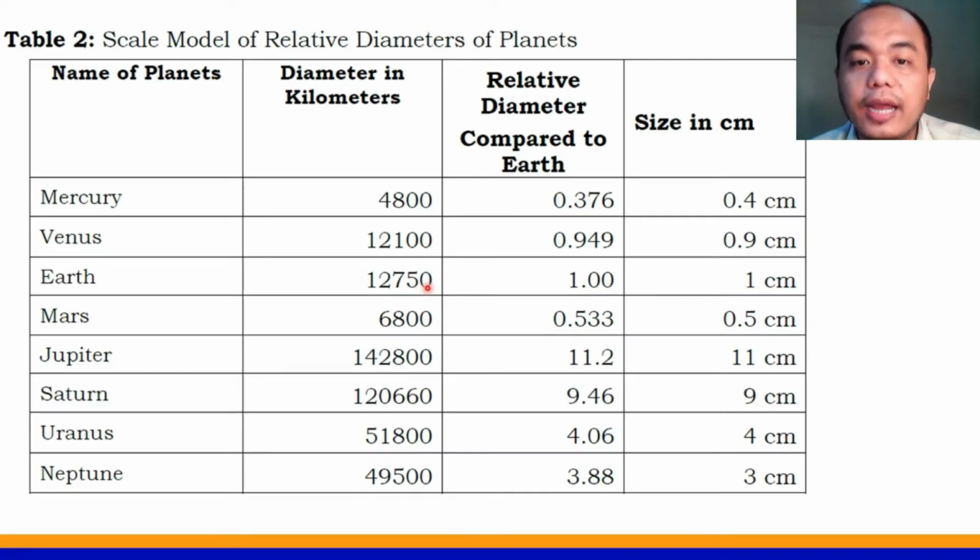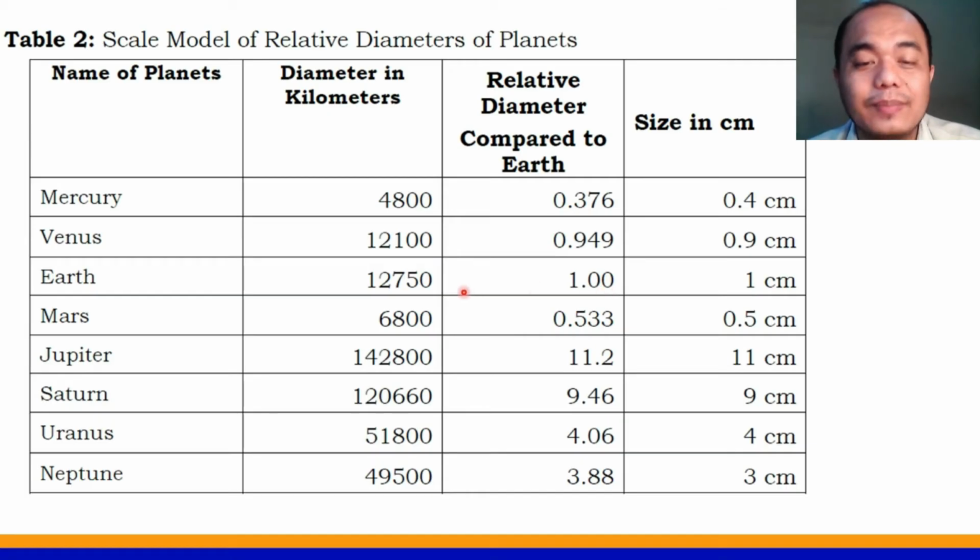Yung diameter ng Earth, class, ang ginamit natin para i-compare ang mga diameters ng ating ibang mga planeta. Ang diameter ng ating planet Earth, which is 12,750, we will use this as 1. Ito ang basihan natin na measurement sa mga diameter ng ibang planeta.